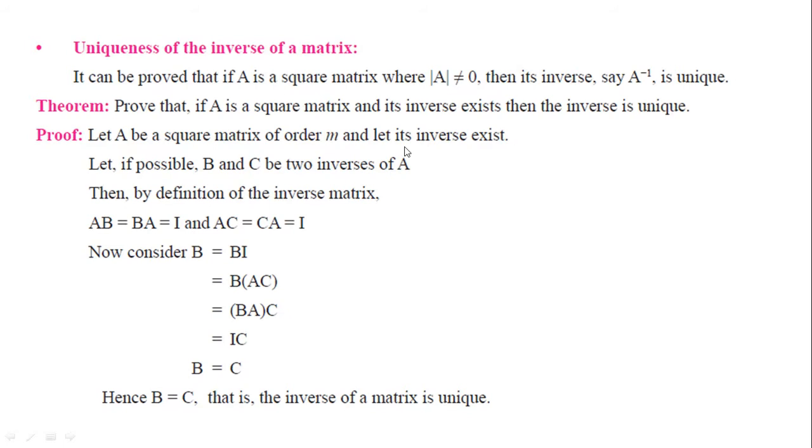The existence of the inverse is there because A is given as a non-singular matrix. So suppose, if possible, B and C are two inverses of A. We have to prove that the inverse is unique, but here we consider, by contradiction, that B and C are inverses of A.